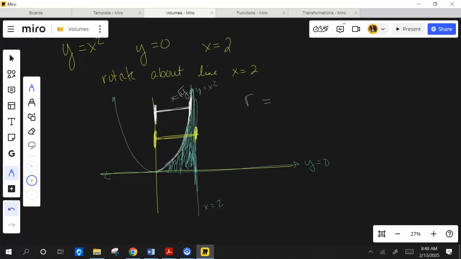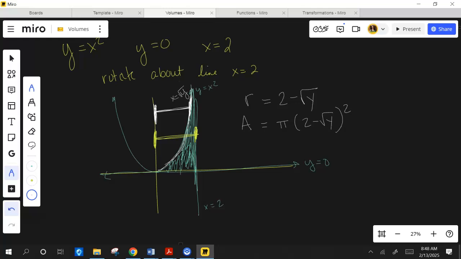So the radius of my shaded region is going to be 2 minus square root of y. So the area of one cross section is pi times (2 minus square root of y) squared.